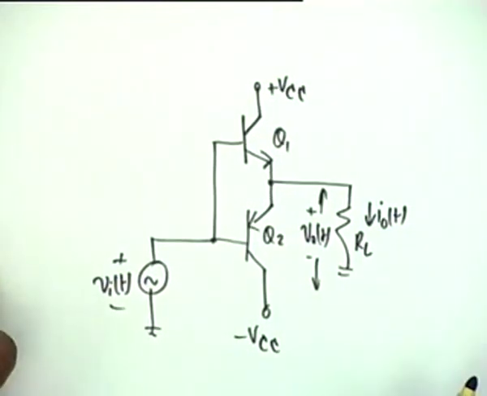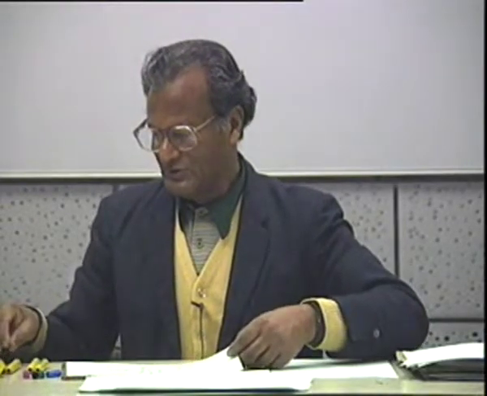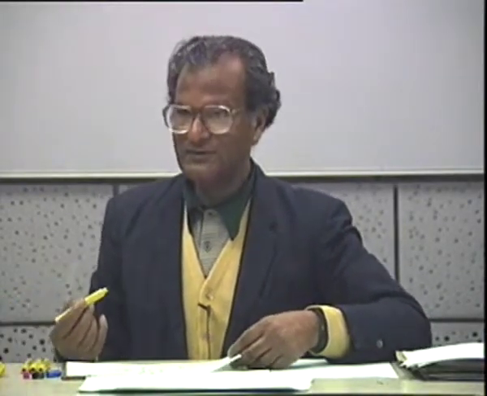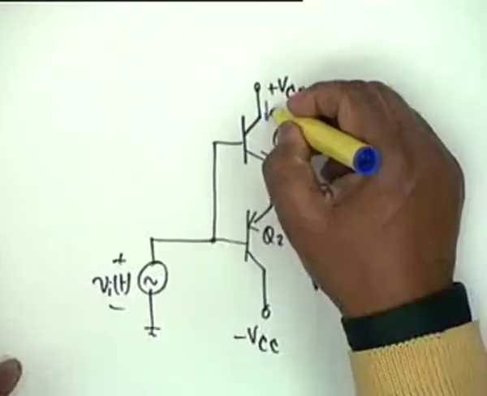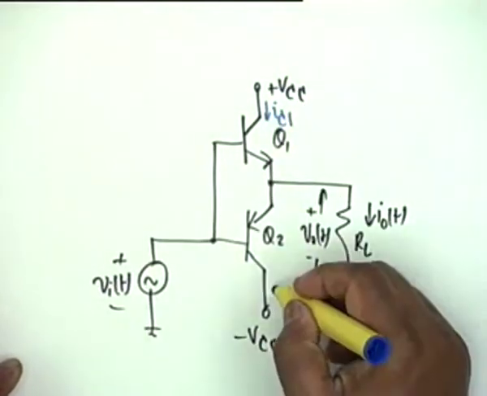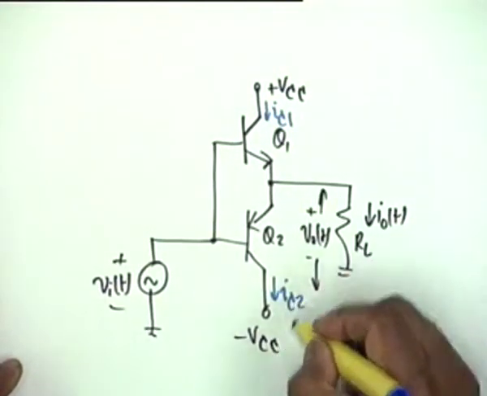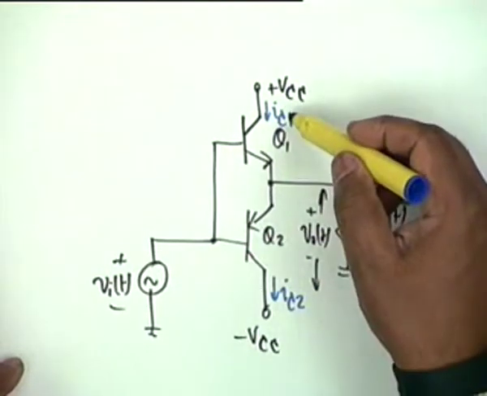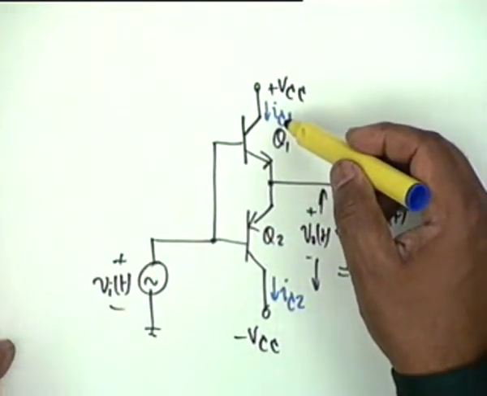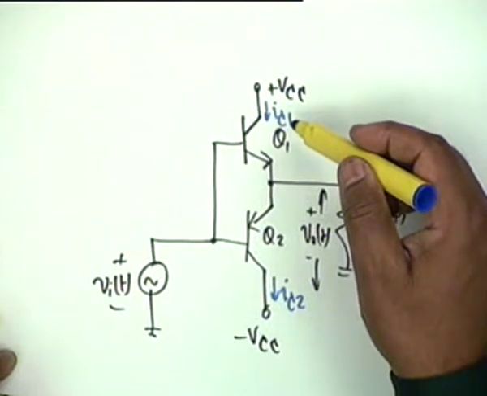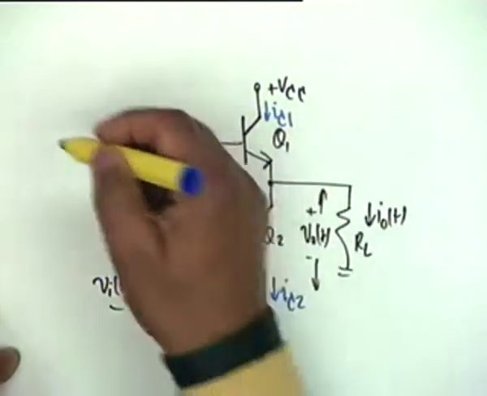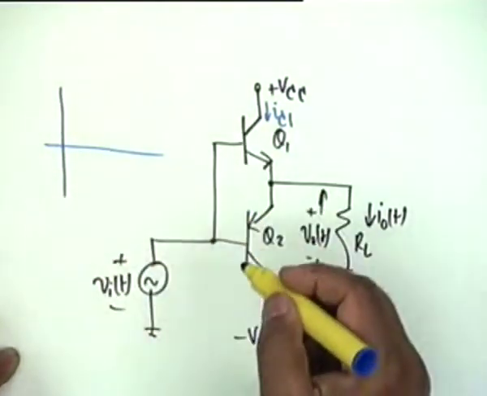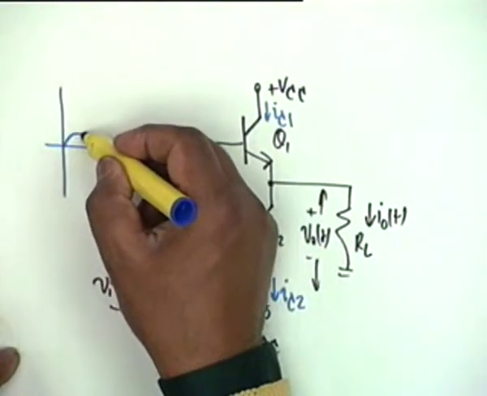Okay, now to have a picture of what goes on. Let's call this IC1 and this current IC2. Then you know that IC1 will take care of the positive half of the load current and IC2 the negative halves of the load current. So if I plot IC1, it would look like this.